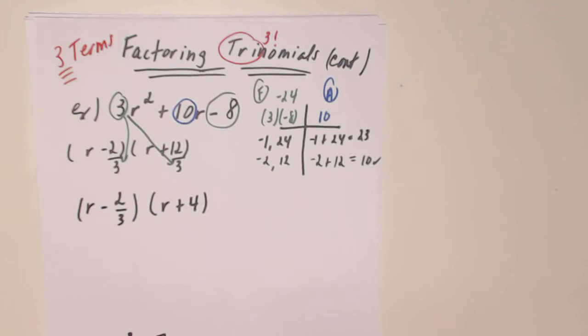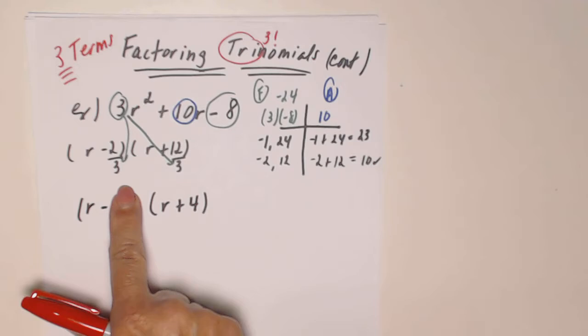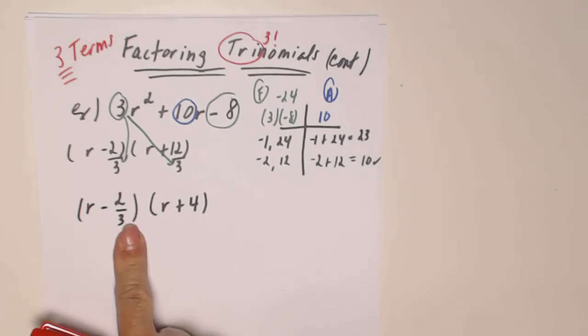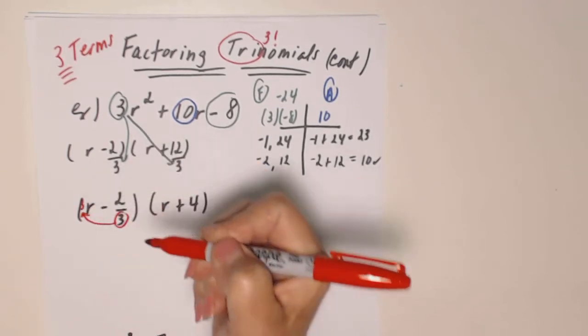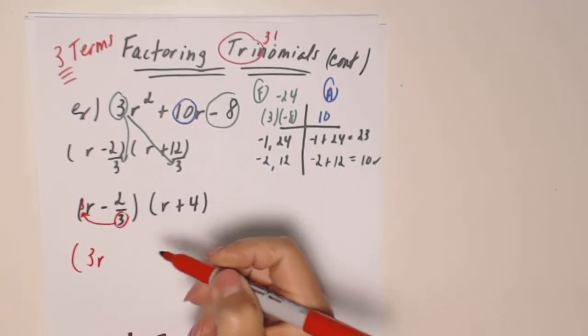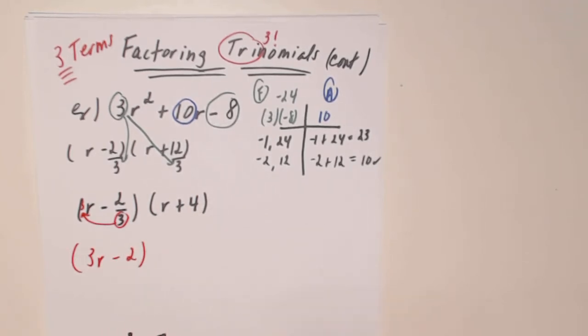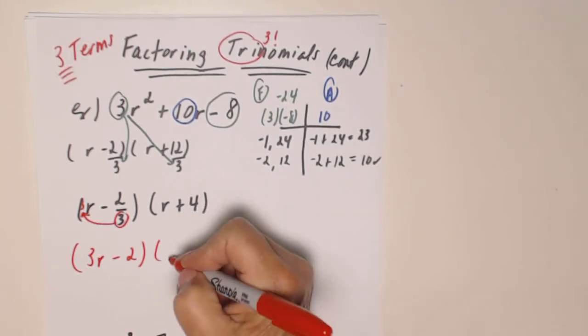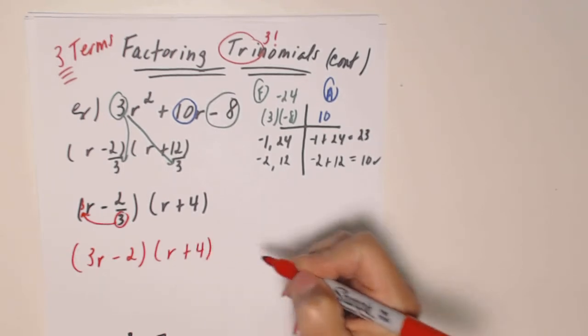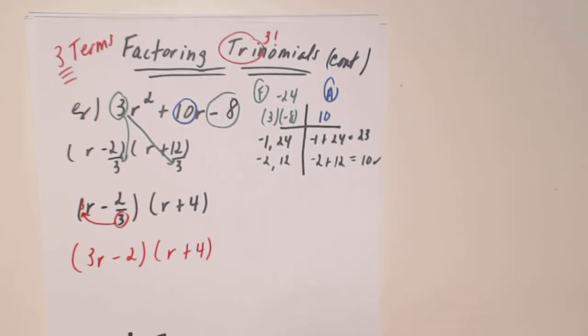Almost done, but not quite, because when we do the division, if we have a fraction that's left, we want to clean this up, so we're going to take this 3 and move it in front. So we're going to have 3R minus 2 as one of our factors. And now R plus 4, this 4 is a nice clean whole number, so no need to move any denominators there. We don't have a denominator, and this would be our final answer. 3R minus 2, R plus 4.